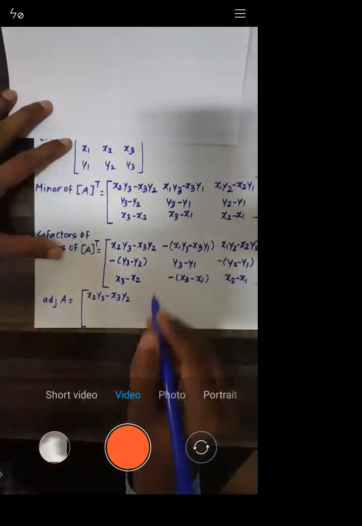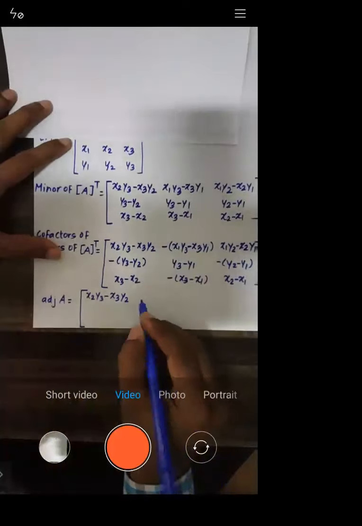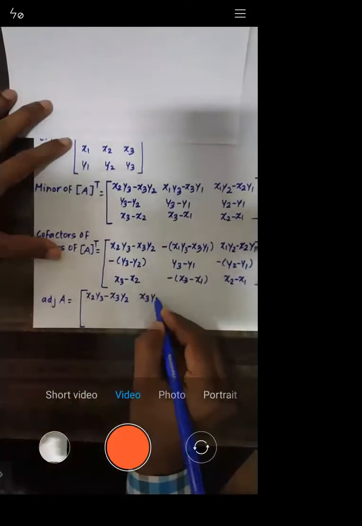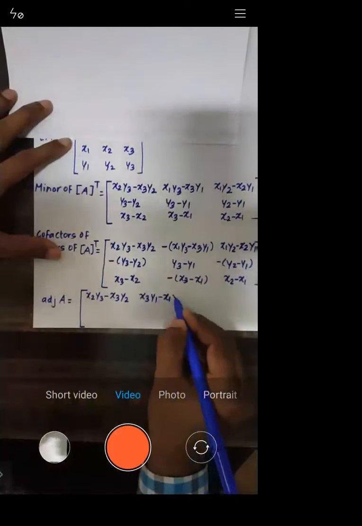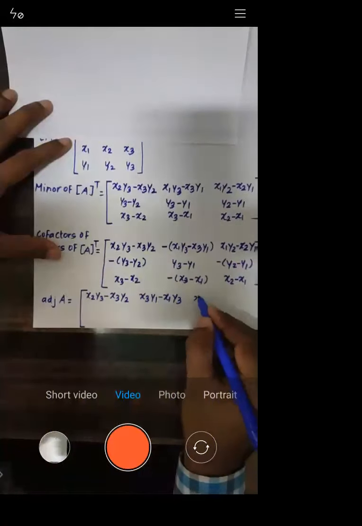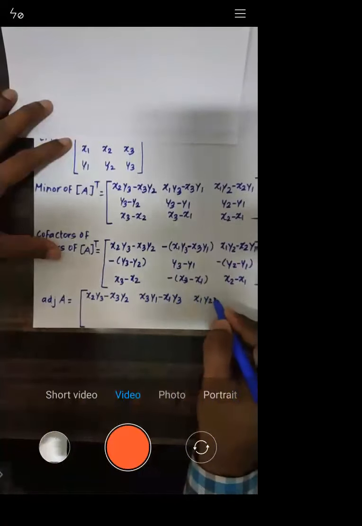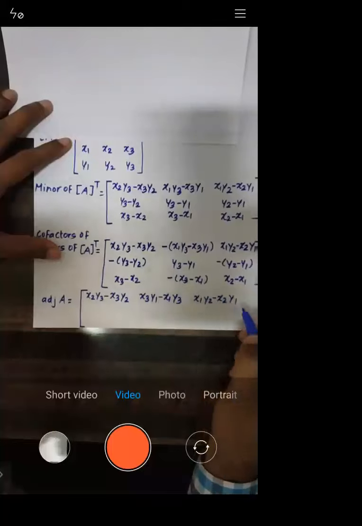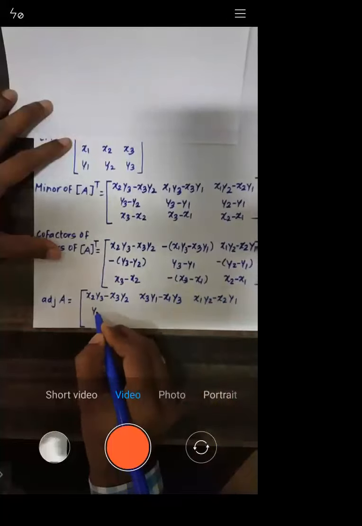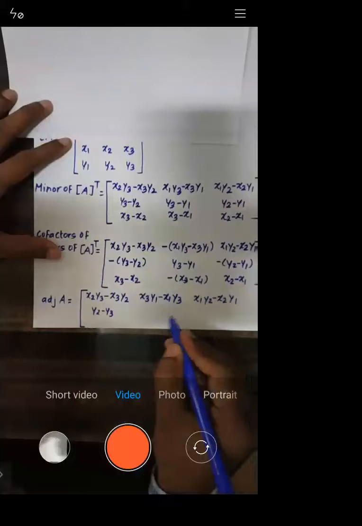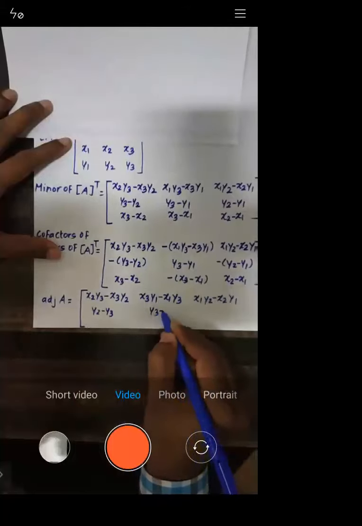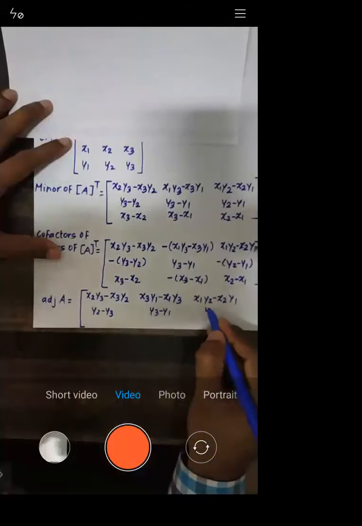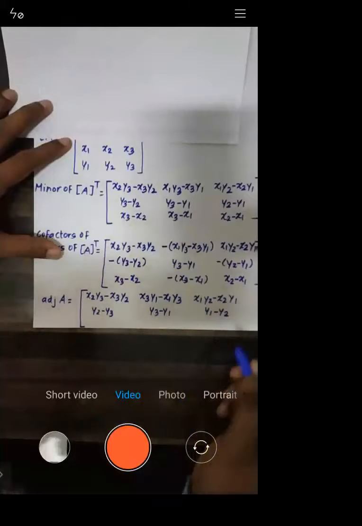Now here, x3 y1 minus x1 y3. Here x1 y2 minus x2 y1. Then here y2 minus y3 and y3 minus y1. Here it is y1 minus y2.